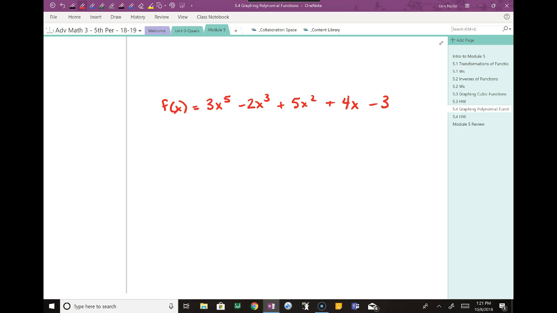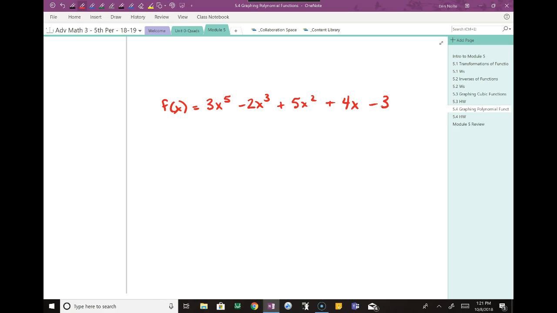Okay, so the way you classify polynomials is by how many terms they have and the biggest degree. So what is my biggest degree for this particular function? 5. So this would be a fifth degree, and how many terms do you see? 5 terms.